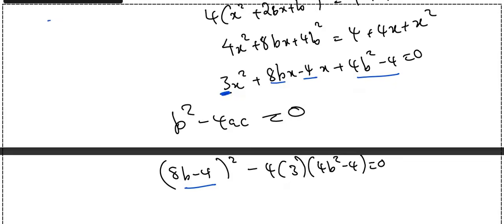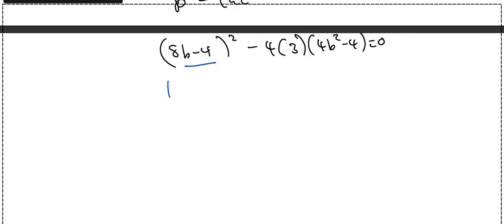So now we're solving this quadratic down here. This will be 64. We just simplify it. This is going to be 64b squared. This is going to be 4 times 8, which is 32, by 2. That's going to be negative 64b plus 16.